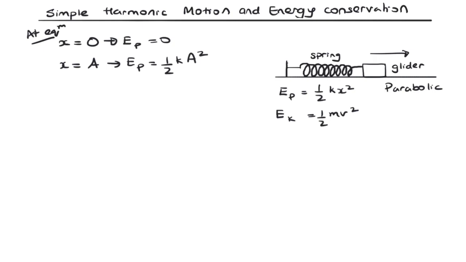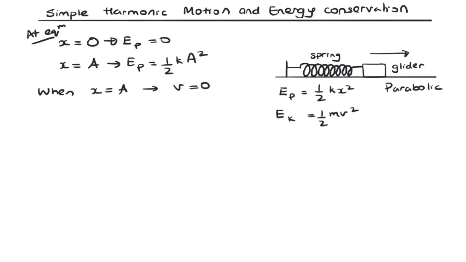All right, now when the glider is at the amplitude or the maximum displacement, when x equals A, then the glider will be stationary for a second, so v is going to be 0.